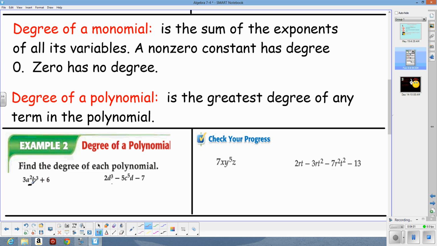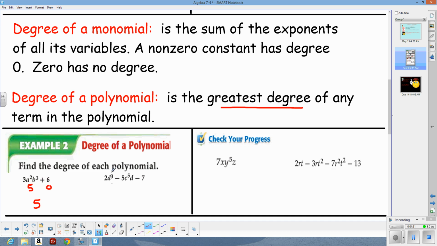And this right here, the number 6, a non-zero constant, has a degree of 0. So now, the degree of the polynomial is the greatest degree of any term in the polynomial. So the greatest degree is right here, which makes this degree 5.